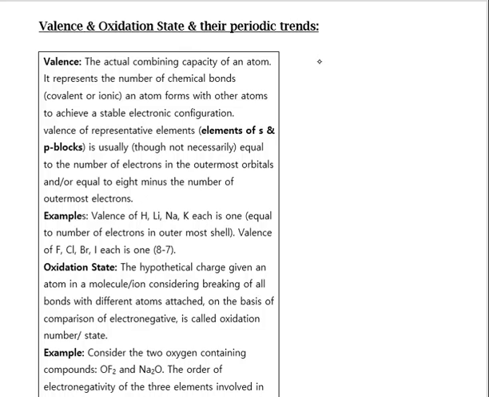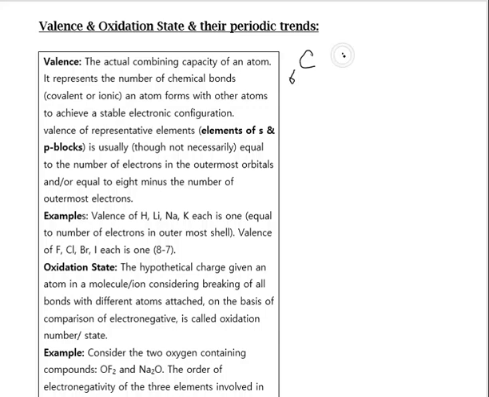For example, carbon is an element of group 14 and it is an element of p block. Its atomic number is 6.